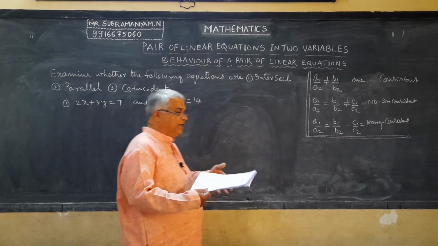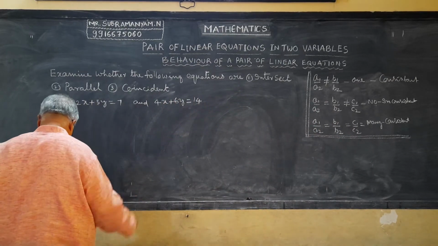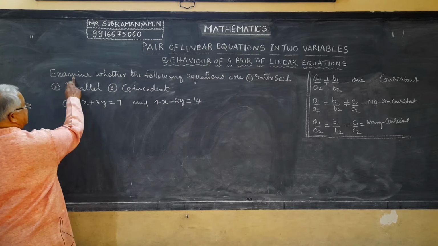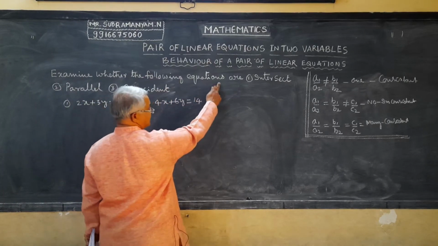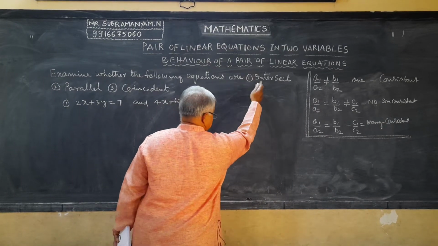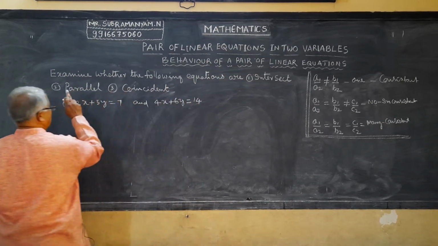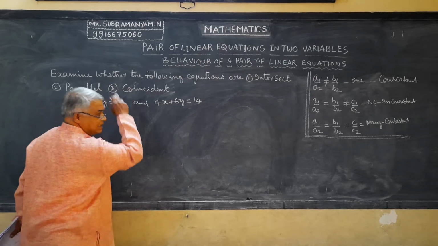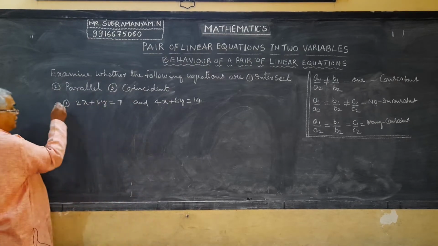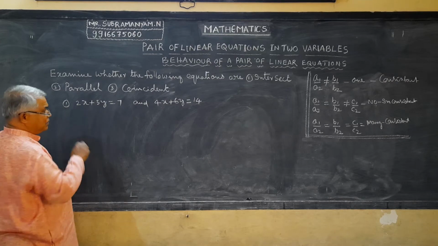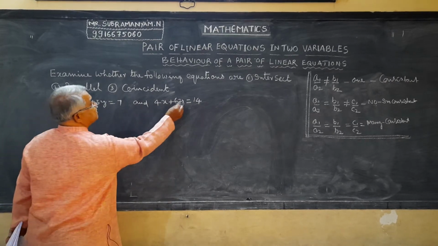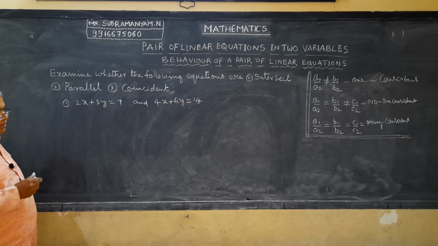So in this video we are going to take problems like this. Examine whether the following equations intersect, are parallel, or are coincident. In the first problem we have taken 2x plus 3y equal to 7 and 4x plus 6y equal to 14.